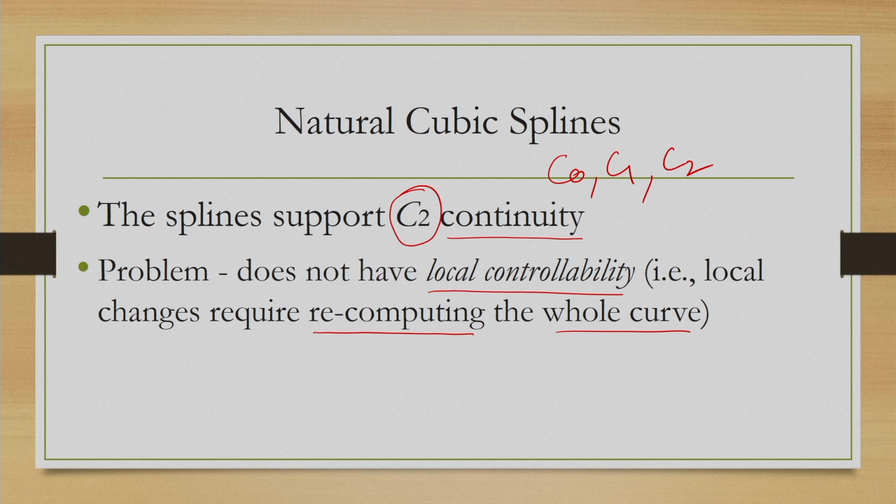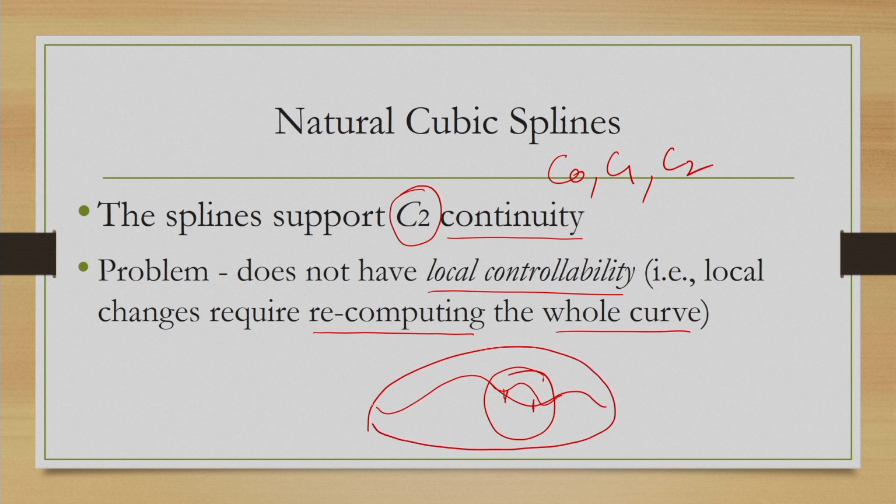So, that is essentially a very inefficient approach. For example, suppose I have a curve like this and I want to change this part to something like this, but then instead of just restricting our computation within this part, we have to actually compute the whole curve again. So, it does not support local controllability.